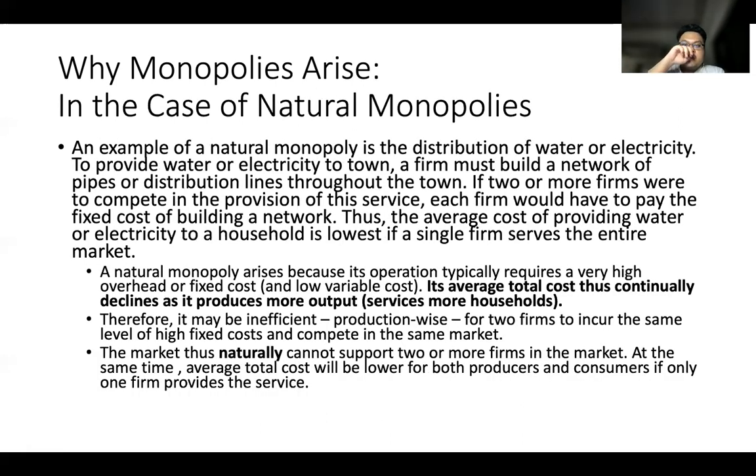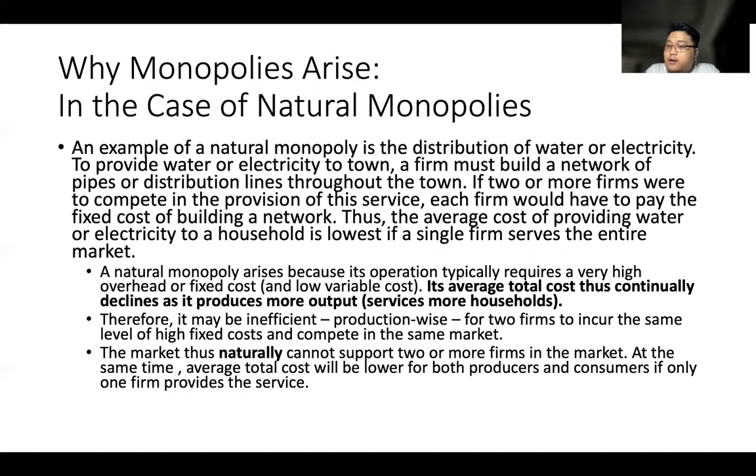In the case of natural monopoly, an example is distribution of water or electricity. Most public utilities are natural monopolies. To provide water or electricity to a town, a firm must build a network of pipes or distribution lines throughout the town. If two or more firms were to compete in the provision of the service, each firm would have to pay the fixed cost of building a network.